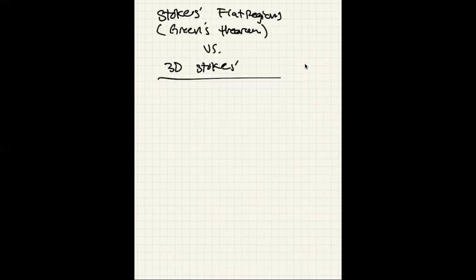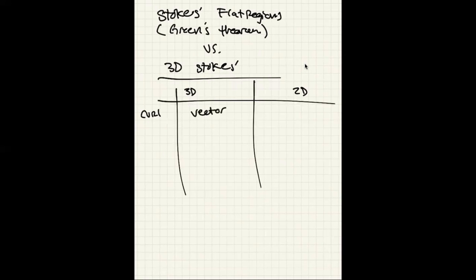So in 3D versus in 2D, we had that the curl was a vector, and in 2D it's a number. For the 2D region, I know that's kind of confusing, is a surface. So it's some wiggly wobbly 2D shape in 3D.